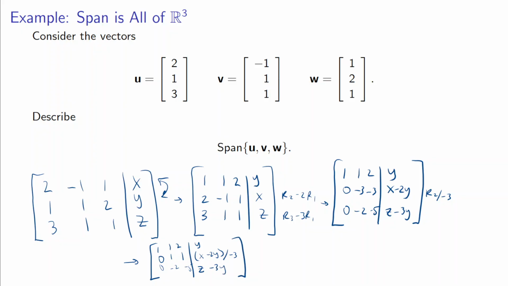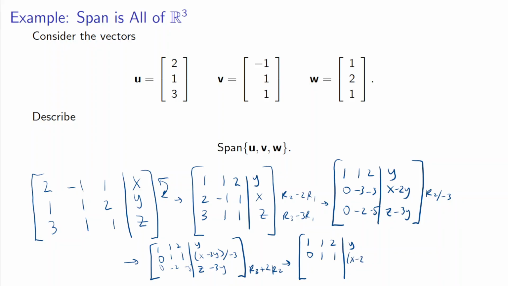Okay, and then I'm just going to do one more step here because it shows off what I want to show off. So R3 plus 2R2. And to get this to the full reduced row echelon form would get pretty messy, and I don't think it's necessary for what I want to show.